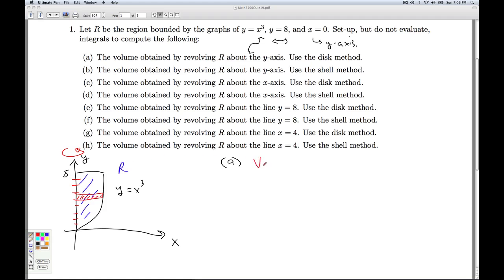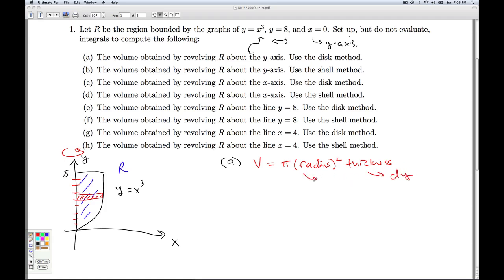We know that the volume of a disk is pi times the radius squared of the disk times the thickness. And the radius, remember, is the distance from the axis of rotation out to the edge of the disk. Since I'm chopping up the y-axis here, the thickness is going to be our delta y, which will become the dy.